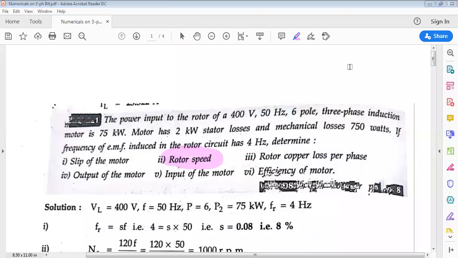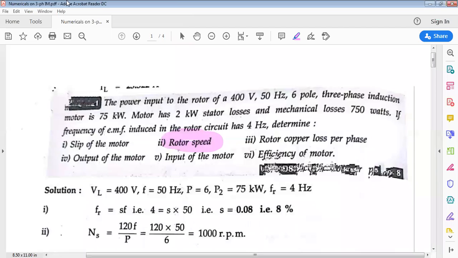Okay, so how much is NS? 120 F by P. Okay, everyone getting 1000 RPM. Very good. Now how to calculate N, the rotor speed? NS is the synchronous speed of the rotating magnetic field. Whatever 1000 RPM you have calculated is the synchronous speed of the rotating magnetic field produced by the stator.